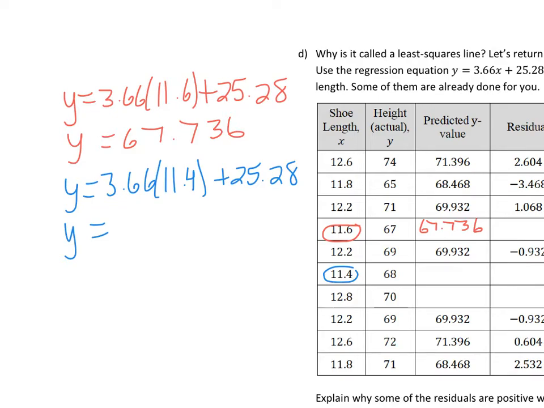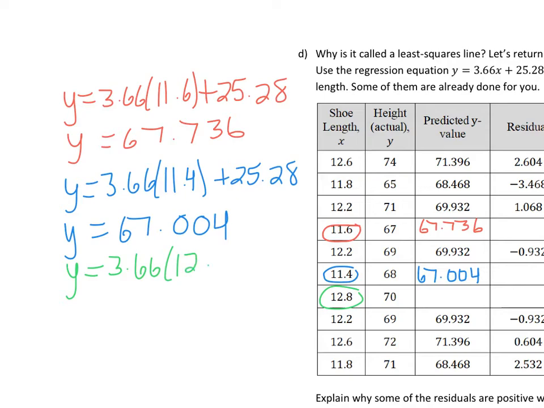When we plug that in, we get 67.004. And write that in the chart. And lastly, let's plug in 12.8. y equals 3.66 times 12.8 plus 25.28. Plug it in, and we get 72.128.